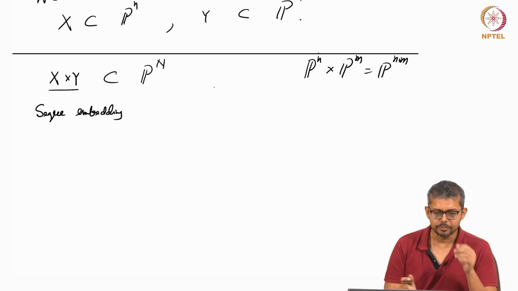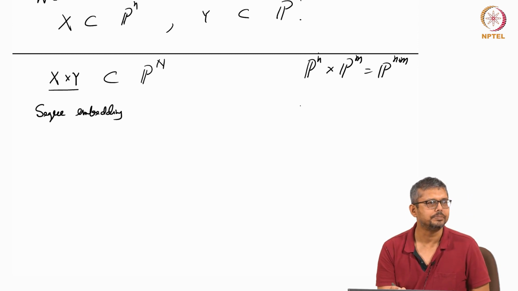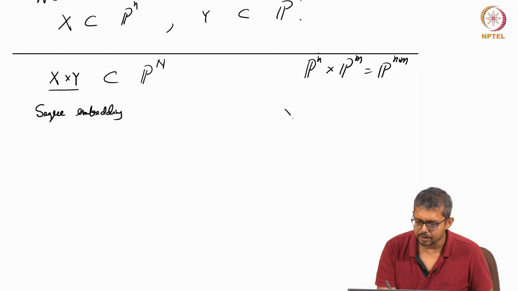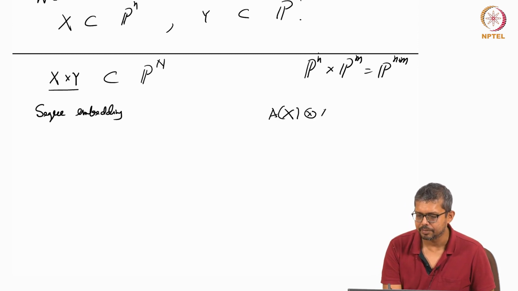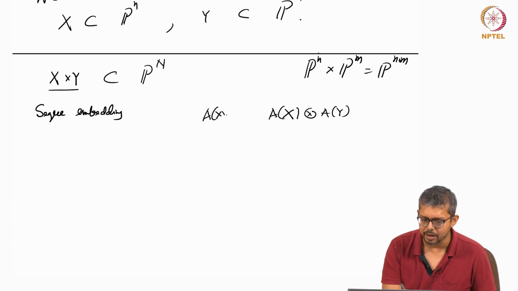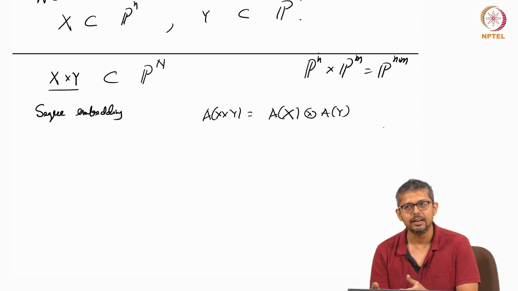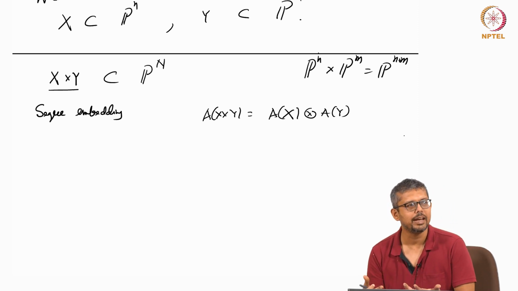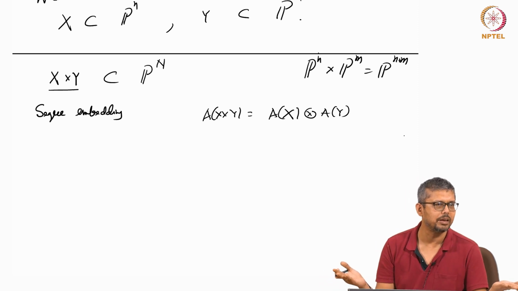But be a little careful, because it depends on the embedding. In the affine case, the A of X cross Y, I identified with A_X tensor A_Y, a finitely generated K-algebra. So this is independent of embedding.